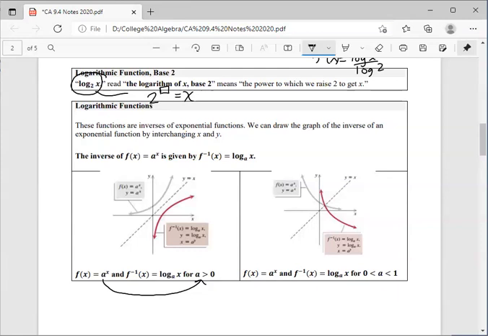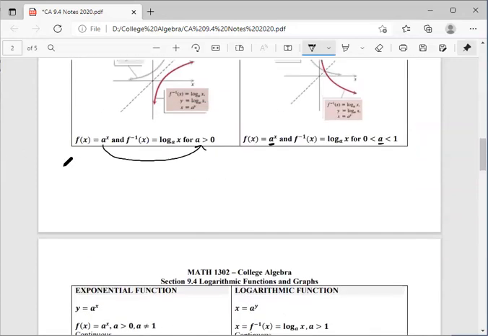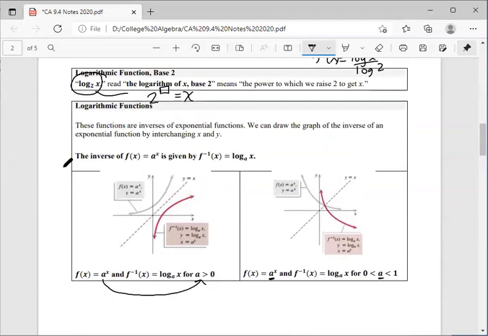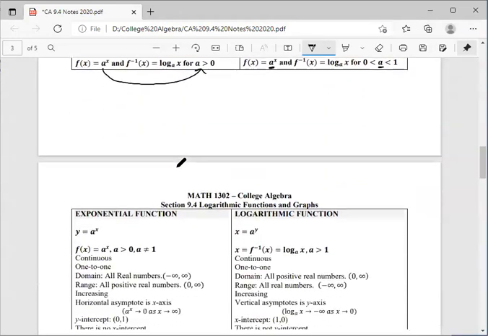That would be your inverse. If a is in between 0 and 1, like 1/2, you would have exponential decay. And when you do the inverse of that, your logarithm is going to be facing up like this instead, because you're reflecting it across that line. And once again, a lot of this you can look at on your graphing calculator. So you don't have to understand all the ins and outs, but you need to be able to make some connections.